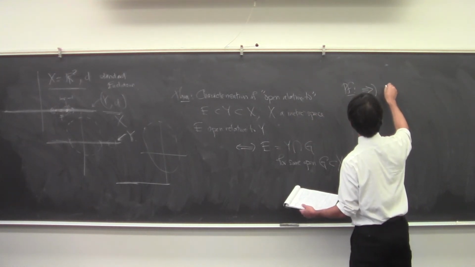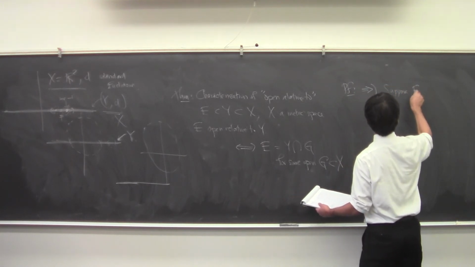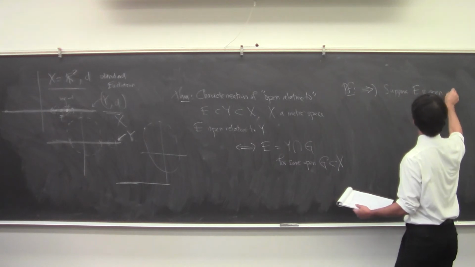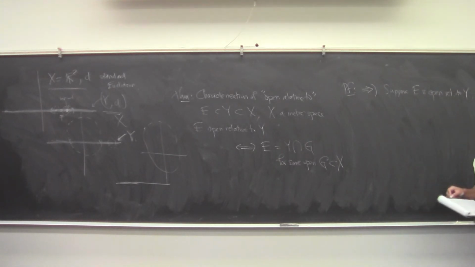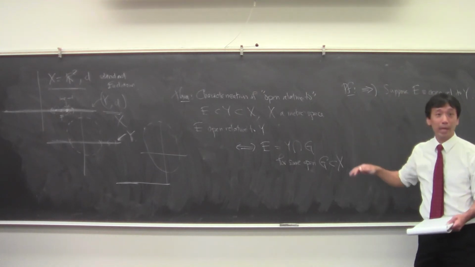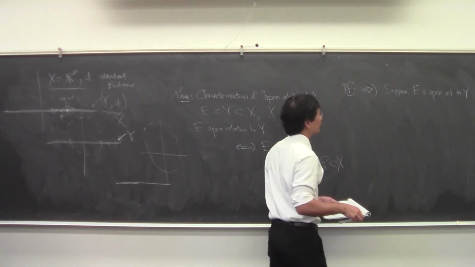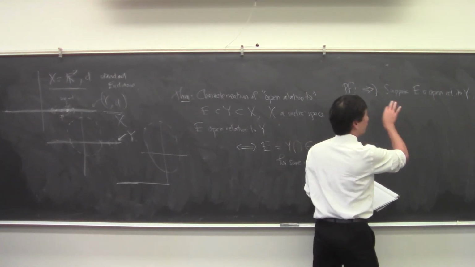Suppose that E is open relative to Y, and we want to show that there's some superset such that E is the intersection of that set with Y. E is some sort of slice of that set.